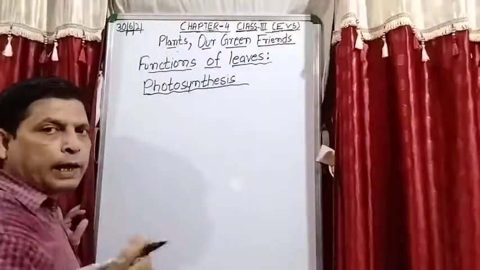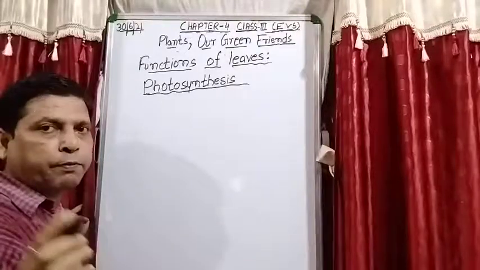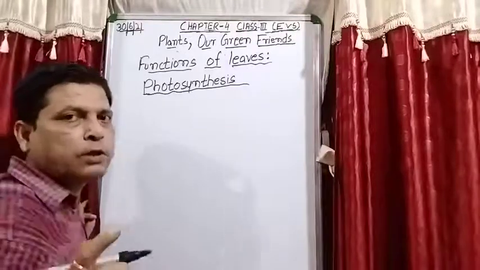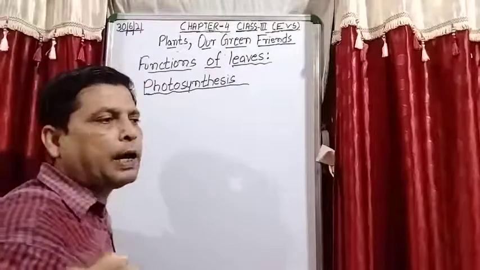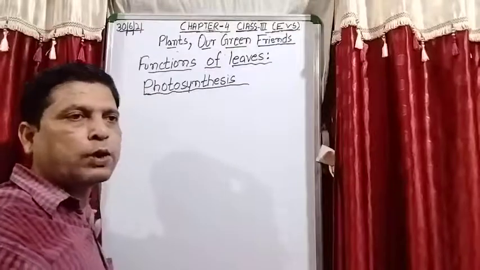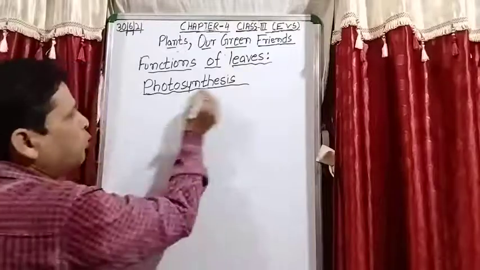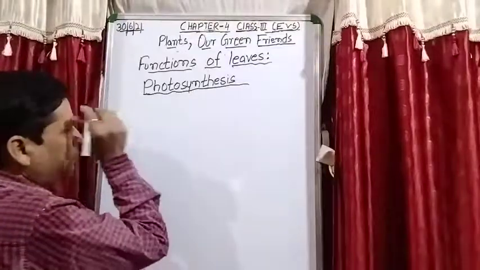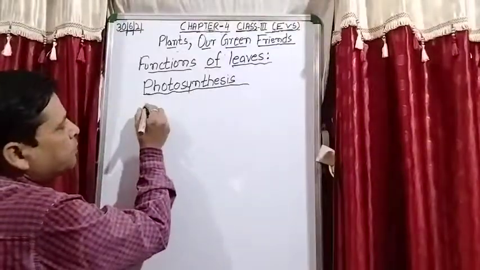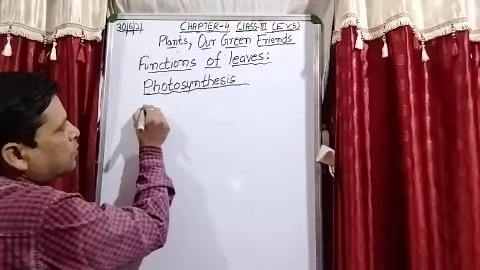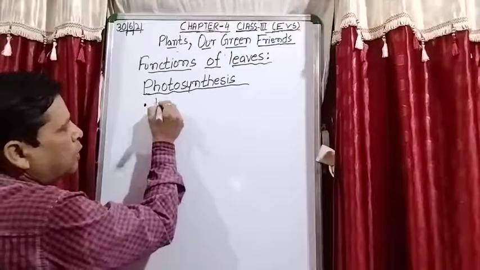Now what are the things required for this process? Step by step, one by one I will explain to you, so that all things are clear to you. Photosynthesis. Water.